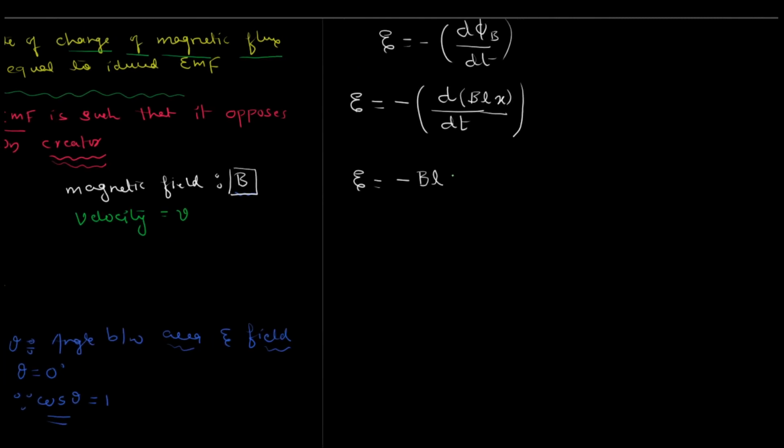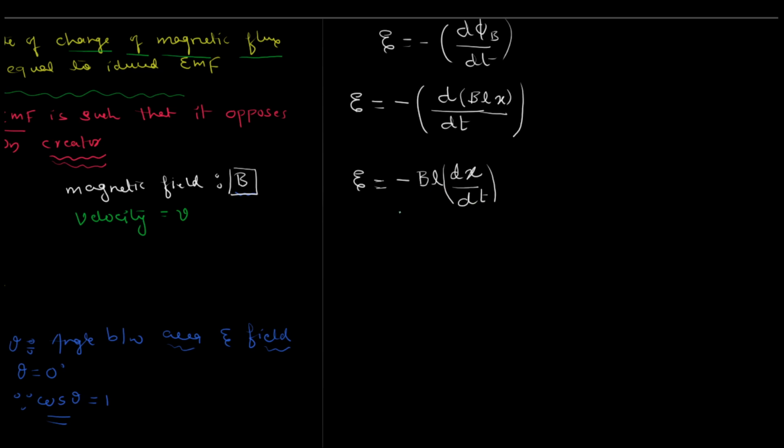That is definitely a change. So I can't bring x out of the differentiation and say that the differentiation of the whole thing is 0. No, x actually is changing. So differentiating the previous equation will give you this equation right here, that EMF is equal to minus BL dx by dt.